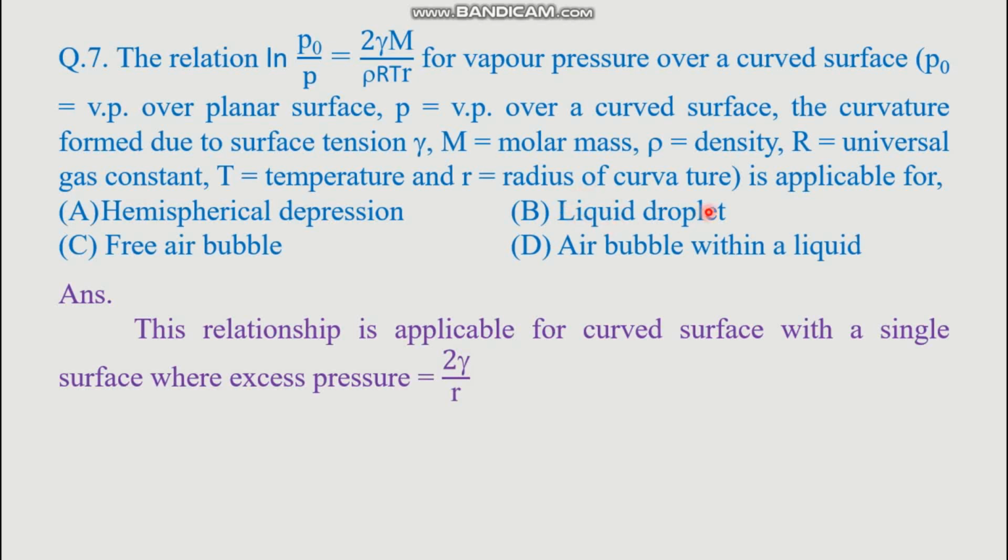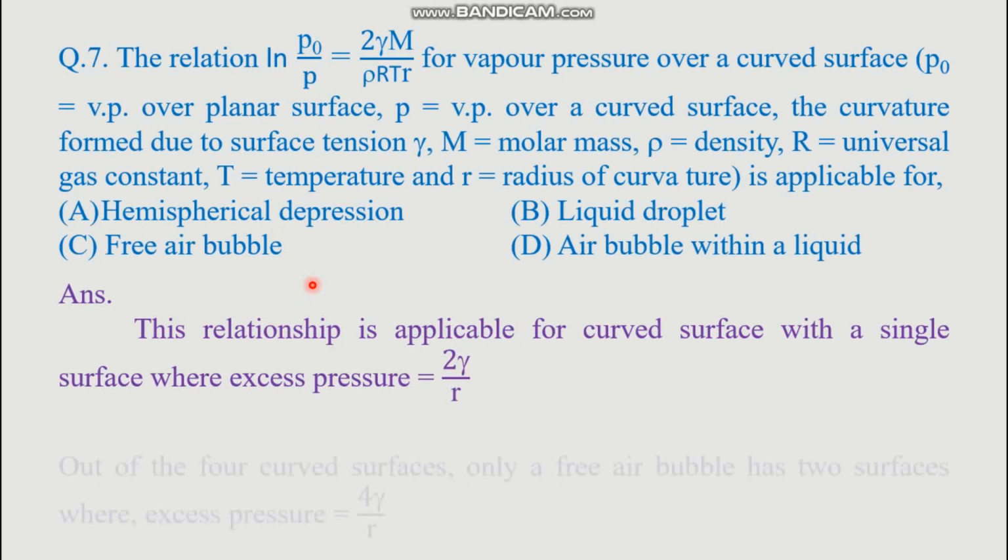For a liquid droplet there is also a single curved surface. And an air bubble within a liquid has a single curved surface. But in option C, for a free air bubble, there are two surfaces. One is the inner surface, another is the outer surface, where the excess pressure is 4 gamma by R.